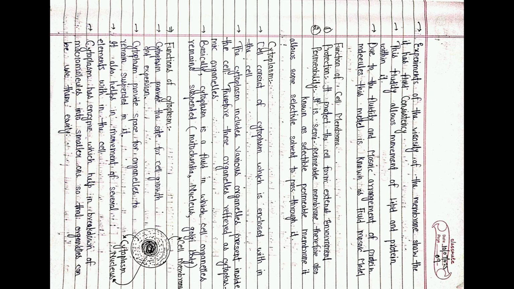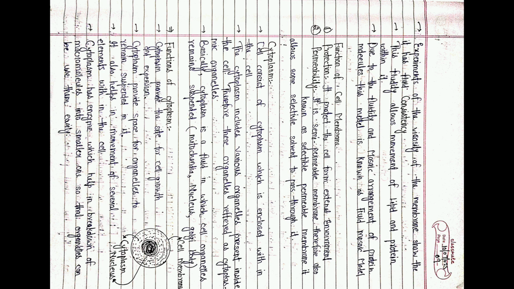Experiments on the viscosity of the membrane show that it has fluid consistency. This fluidity allows movement of lipid and protein within it. It is a semi-permeable membrane, therefore also known as selective permeable membrane. It allows some selective solvent to pass through it.